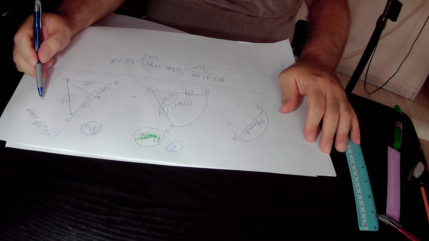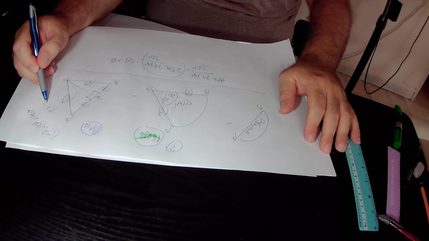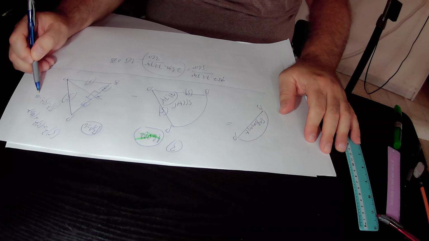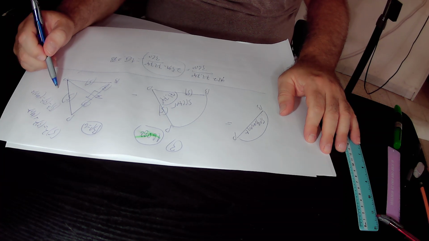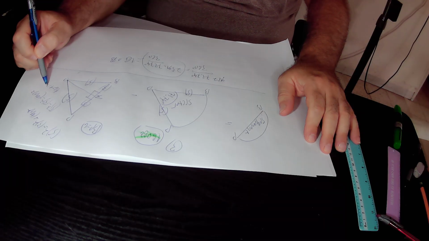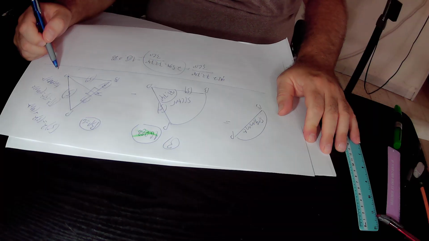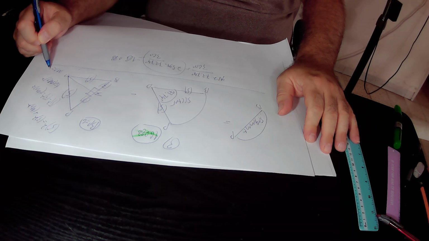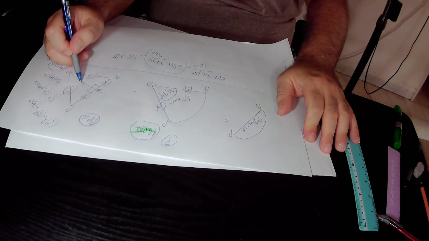Here we subtract 3 squared from this equation, and we get that 5 squared minus 3 squared equals MO squared. So MO squared equals 25 minus 9, that is 16. Here we take the square root, and finally we get that MO equals the square root of 16, that is 4. The height MO equals 4 units in its length.